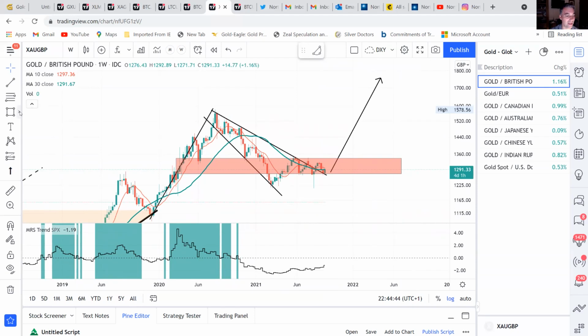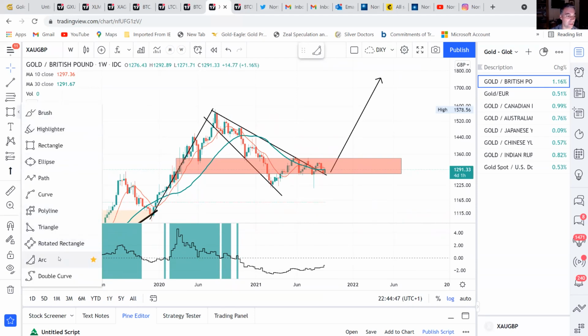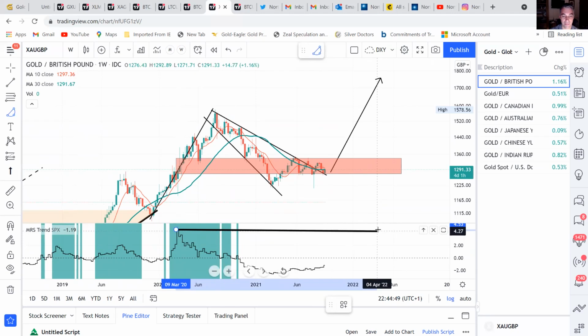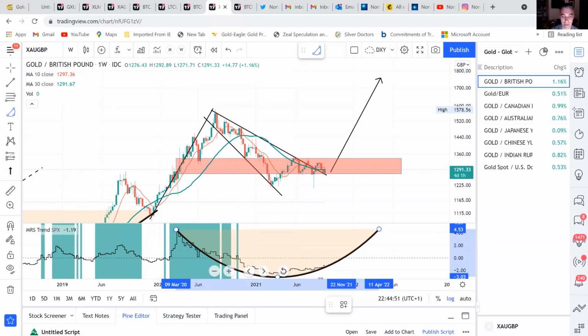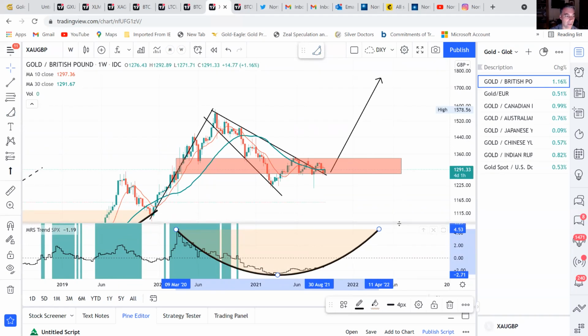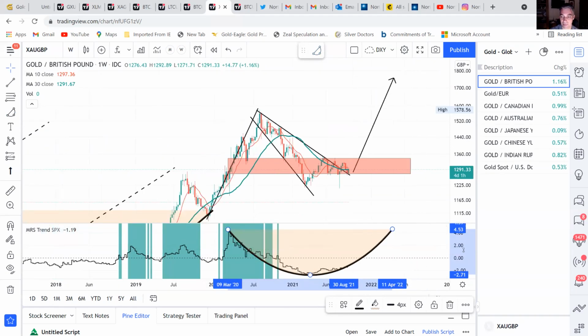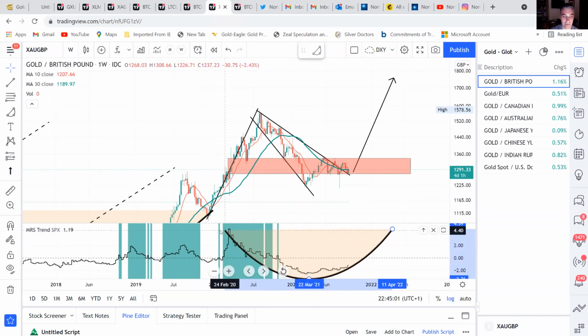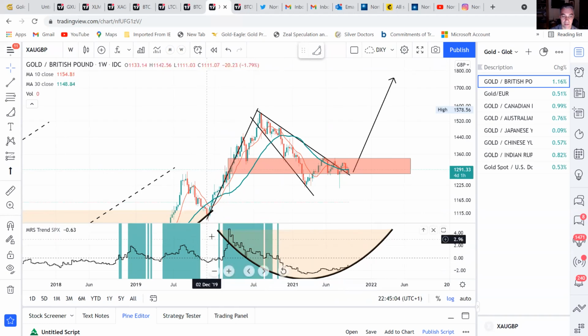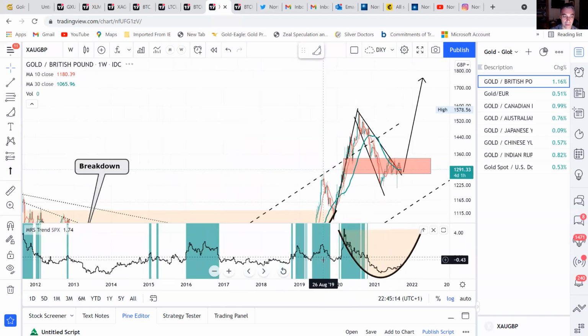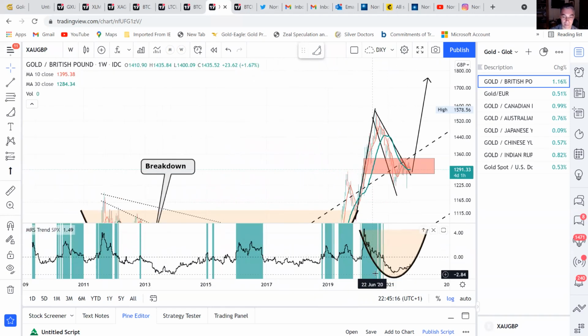Also, of course, the Mansfield Relative Strength Indicator is showing some bullish action here as well, in terms of how much we're outperforming the SPX. It's set up to show outperformance against the stock market. You can see a nice trend forming here where the price of gold in British pounds has underperformed the SPX, and it's hit a particular low point there, which going back historically, it doesn't often get to that sort of low level.